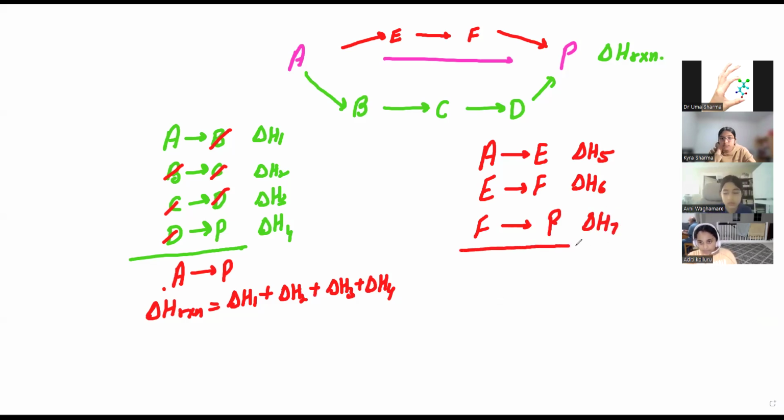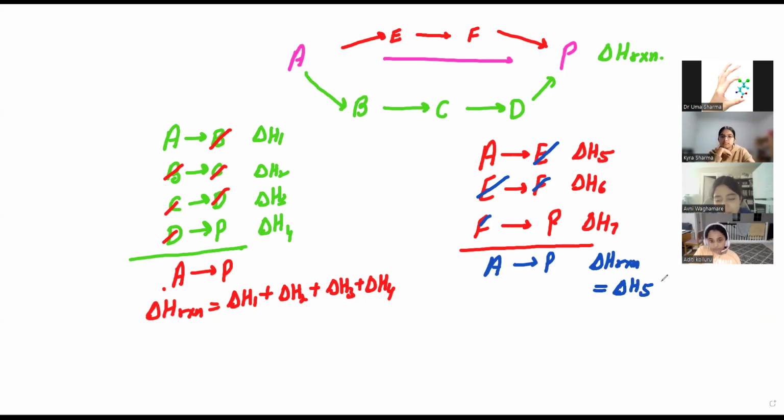Now, Avani, what is the overall reaction? Oh, it's A to P because the E's and F's cancel, and then the delta H is delta H5 plus delta H6 plus delta H7.